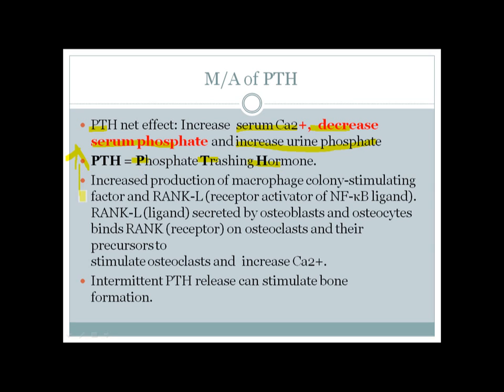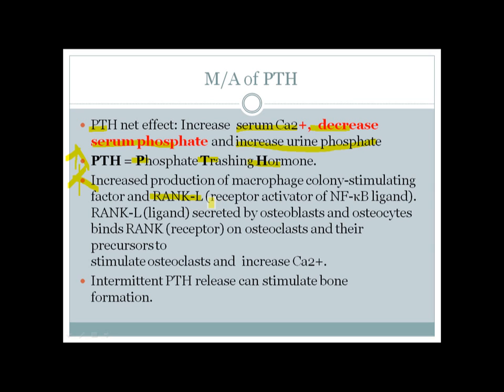And the basic mechanism of parathyroid hormone on bone is like this. Parathyroid hormone increases the macrophage colony stimulating factor and also increases RANK L. RANK L means ligand for RANK.